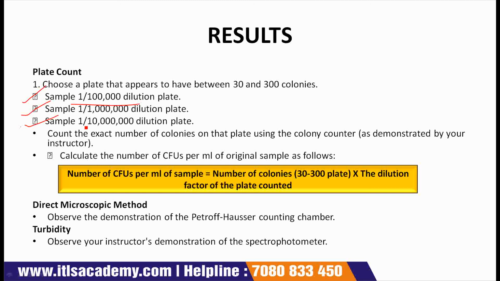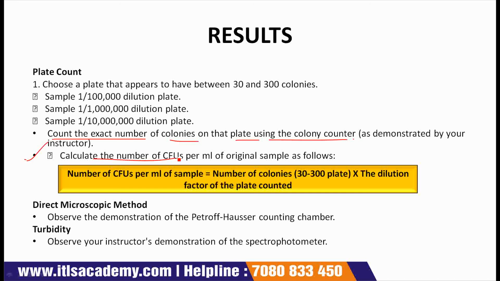And the third sample 1 upon 100 lakh dilution plates. Count the exact number of colonies on that plate using the colony counter as demonstrated by your instructor.